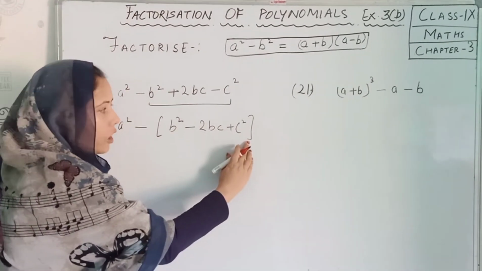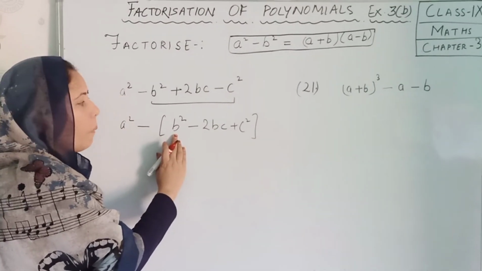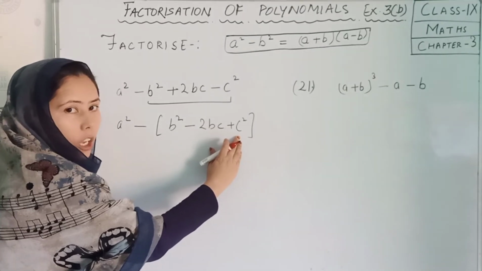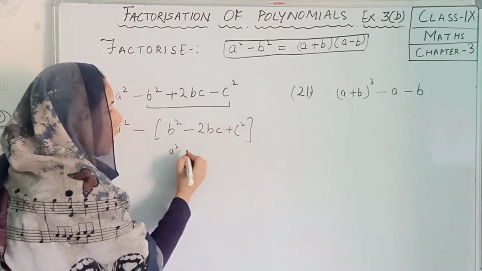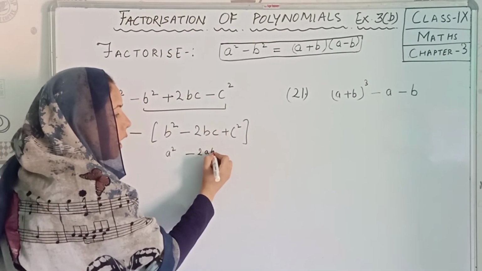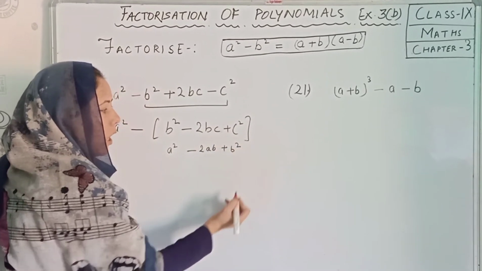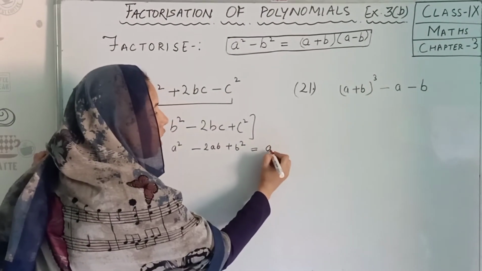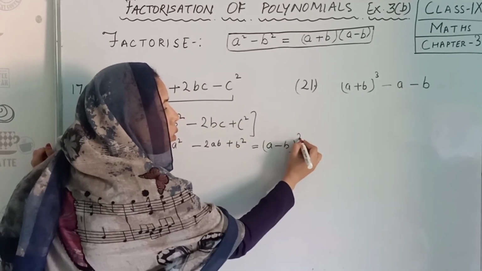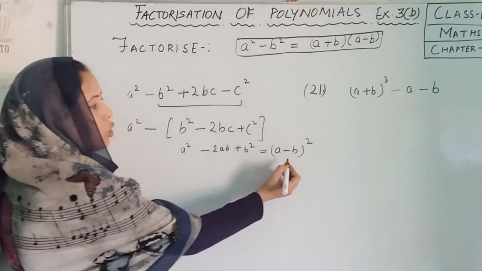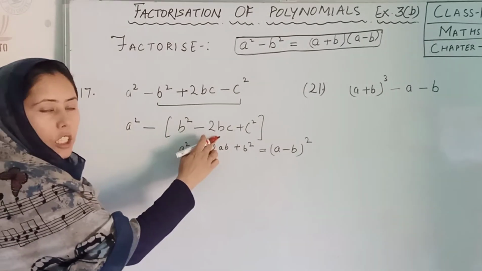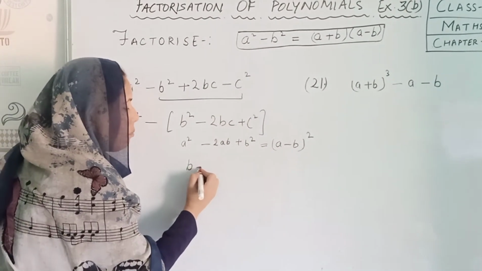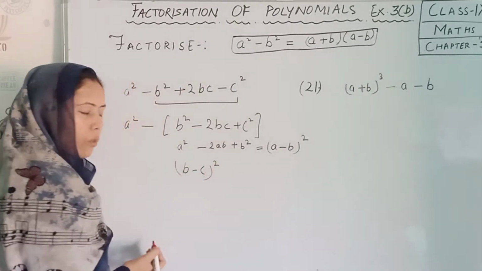If you observe, this is the formula of a square minus 2ab plus b square. This is the expansion of (a minus b) whole square. So we can write b square minus 2bc plus c square as (b minus c) whole square.